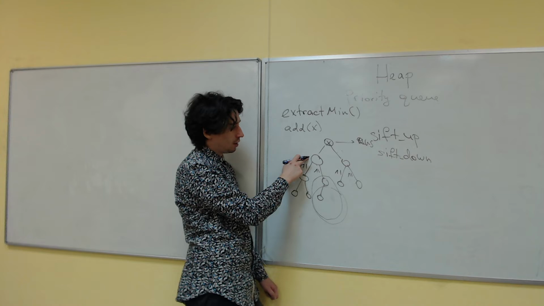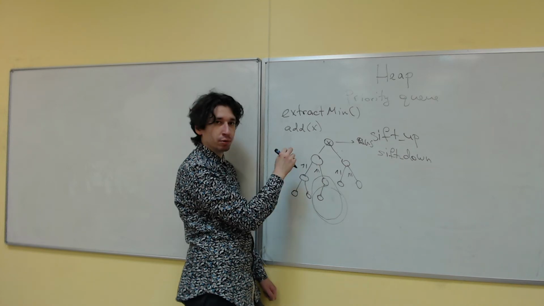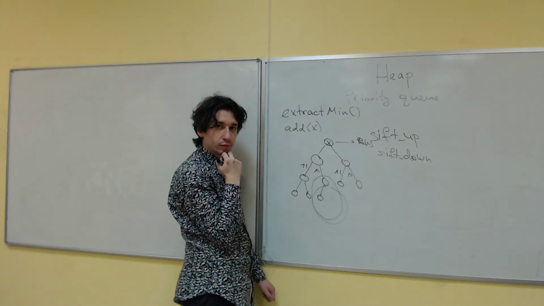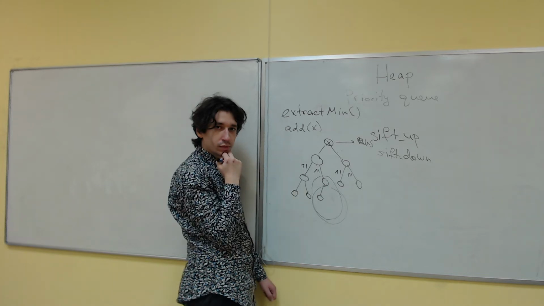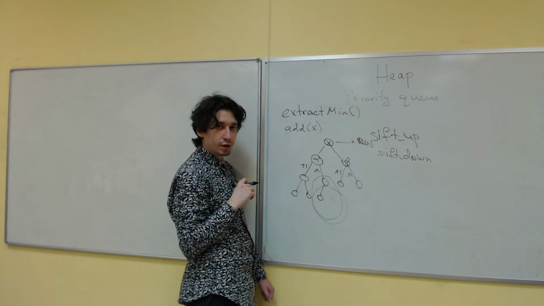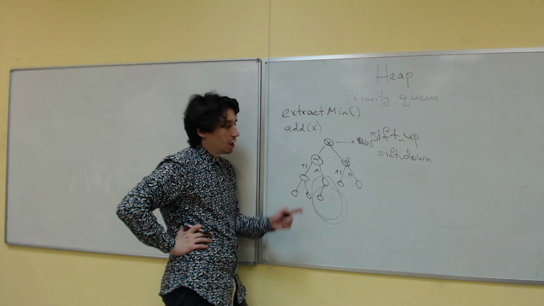Okay, who should be at the root? So it is A and B. So who should be in the root? The one which is small.